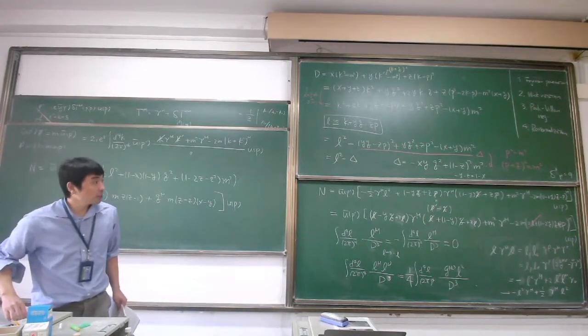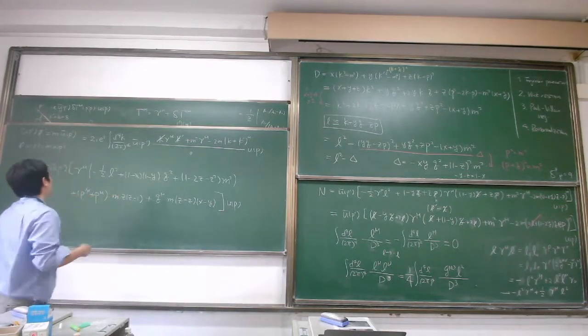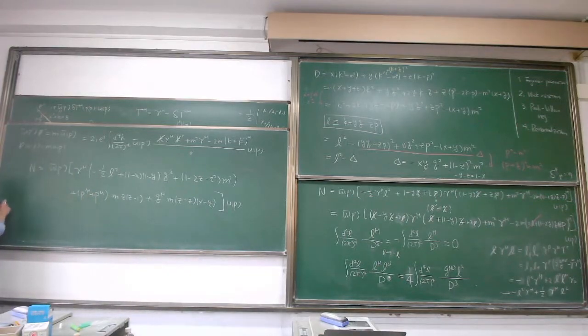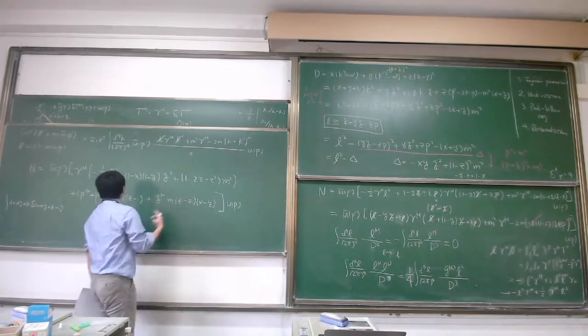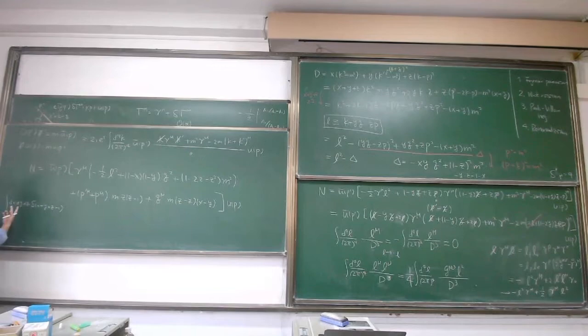And now, you notice that here, instead of the Feynman parameter integral, you have dx, dy, dz, delta of x plus y plus z minus 1. So you have this integral. You have to put this numerator inside of this integral. And as you can easily see, if you swap x and y in the integral, nothing will change.